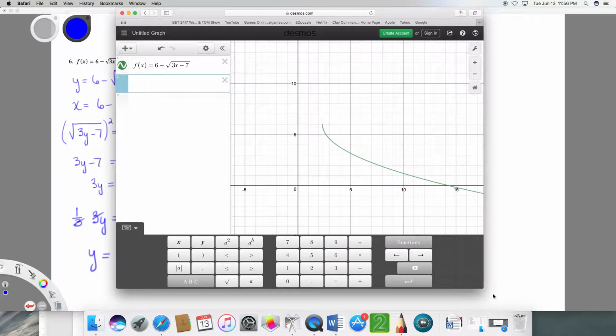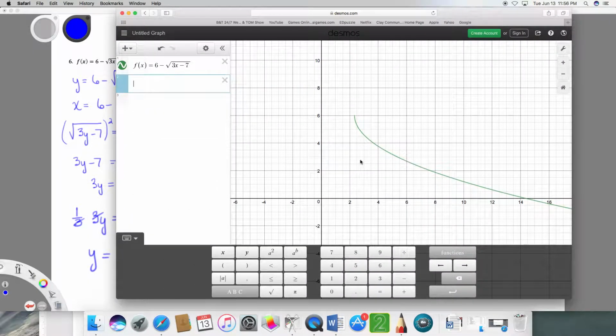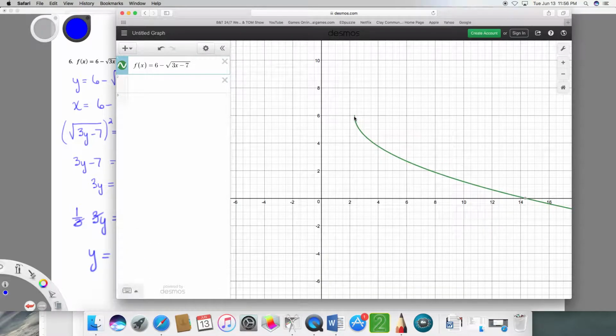If you look at the graph here, you can see exactly what I had said is happening, that this point right here is the maximum point of this graph. Let's make a table.